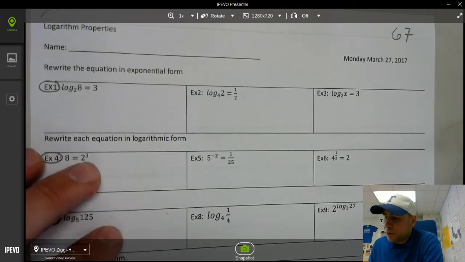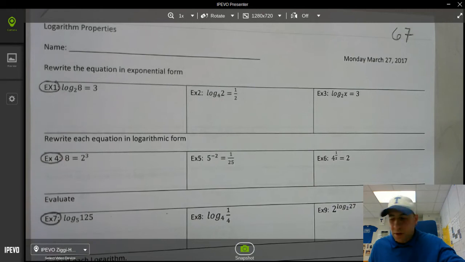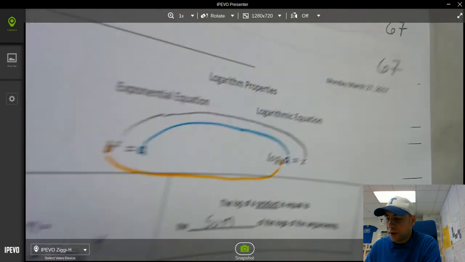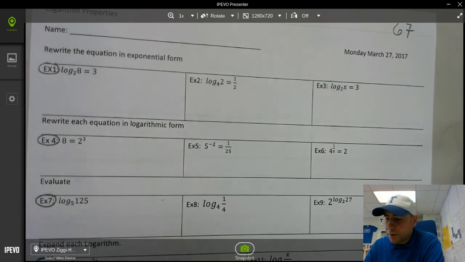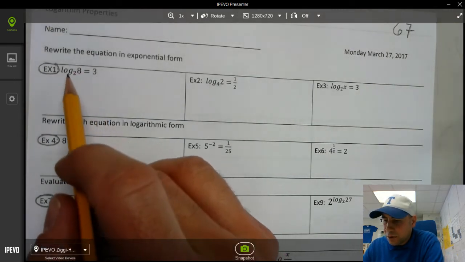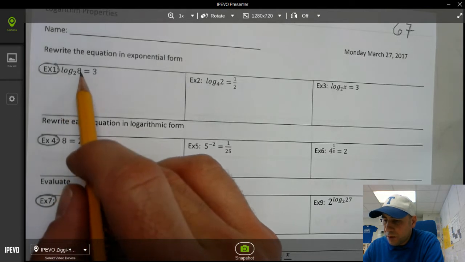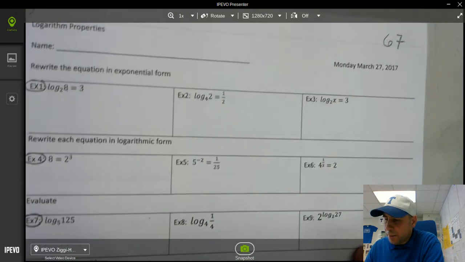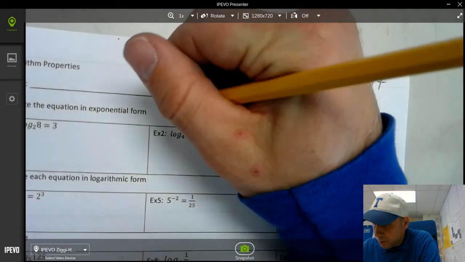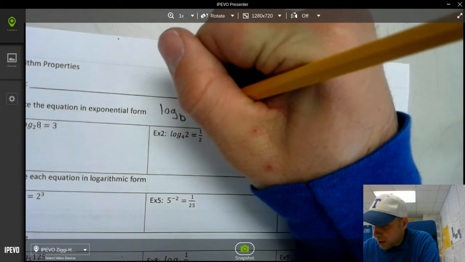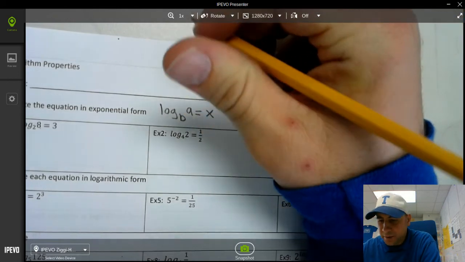All right, so rewrite the equation in exponential form. So you're basically going to want to have this page next to it each time, okay? So here we're given the logarithmic equation and we want to go to the exponential equation, okay? So we know that log base 2, the base 2 and argument 8 equals 3. Just above this row, to remind myself, I have log b of a equals x, and that is the log.